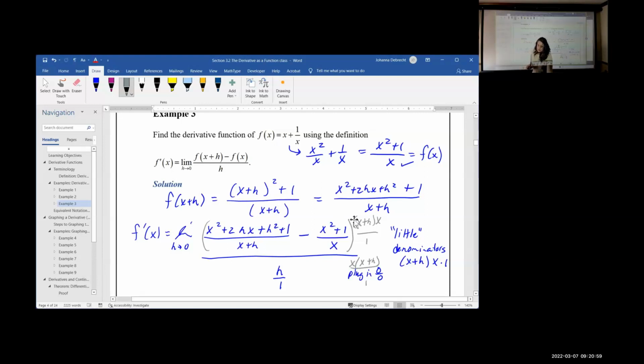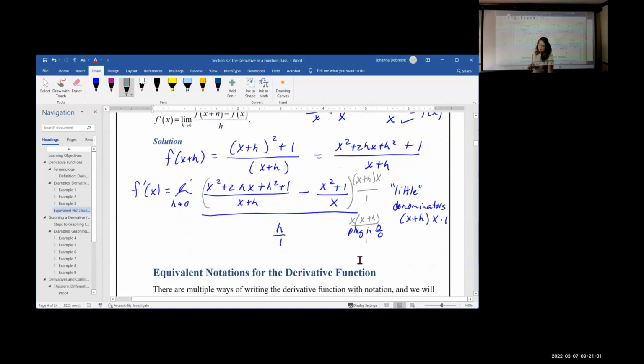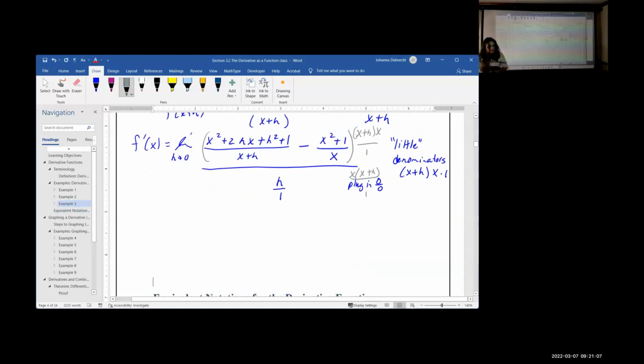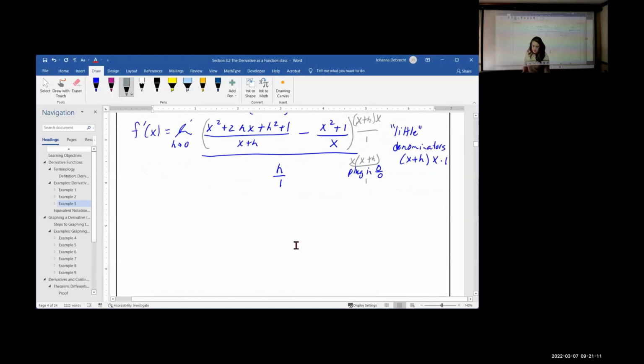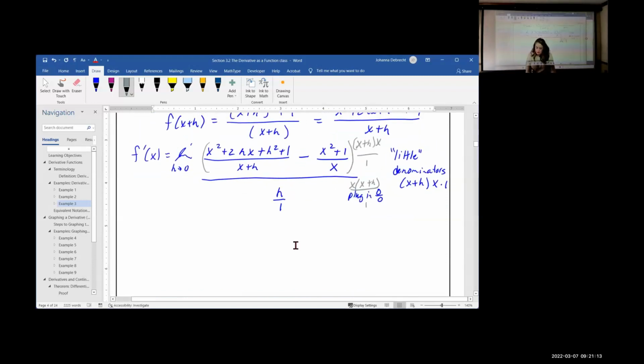All right. So we're going to distribute everything in the numerator, but we're going to leave the denominator in factored form because we're hoping to reveal that factor that's causing the 0 over 0. So we're going to multiply out the numerator. So I have the limit, h is going to 0. The x plus h cancels the x plus h in the denominator.